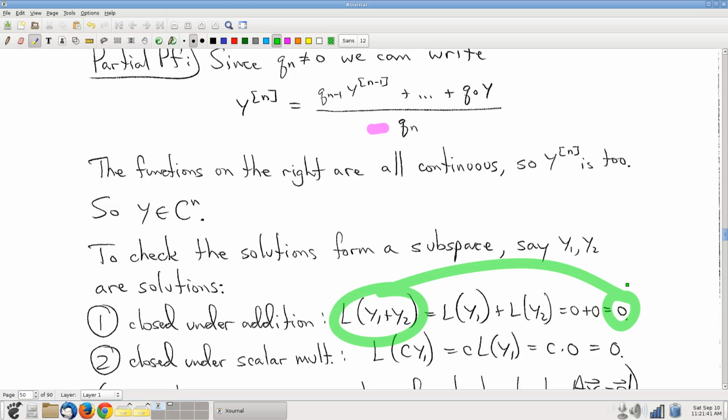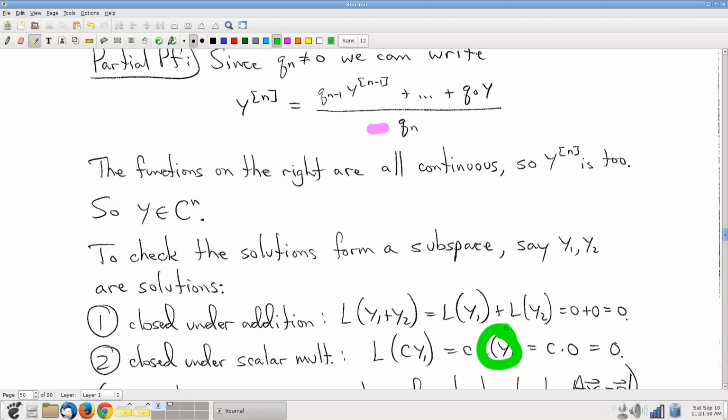So therefore, this set is closed under addition. Okay. And then very similarly, for being closed under scalar multiplication, we assume that y1 is a solution, and using linearity and that fact, we conclude that any scalar multiple of y1 must be a solution.